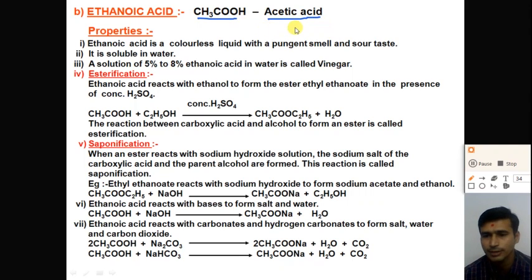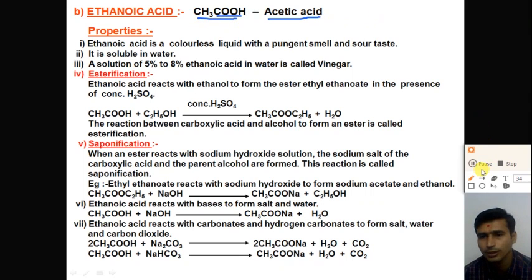So the COOH group, which is the carboxylic group, is connected with the carbon atom, and the other valency of the carbon atom is fulfilled by hydrogen. How can we draw the structural formula of ethanoic acid, or acetic acid? Ethanoic acid is also known as acetic acid. The molecular formula of ethanoic acid is CH3COOH.